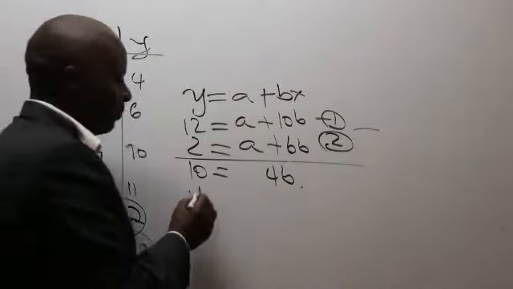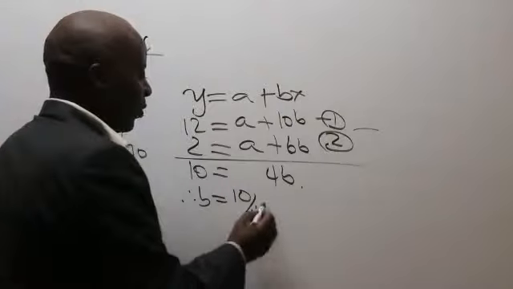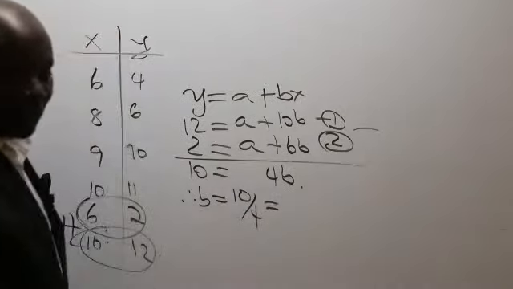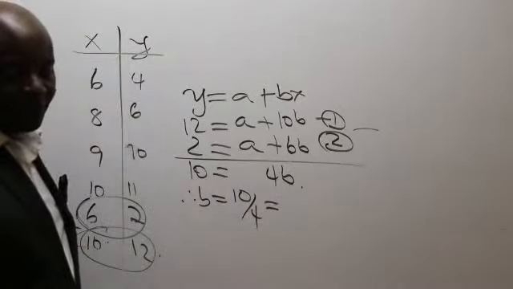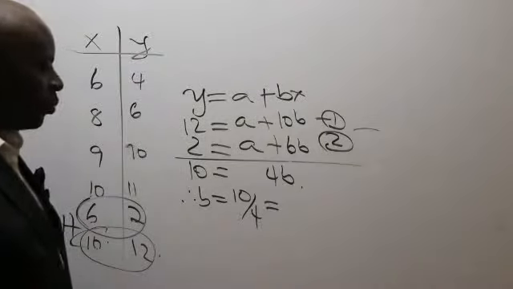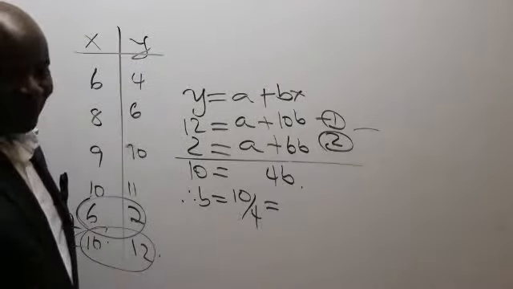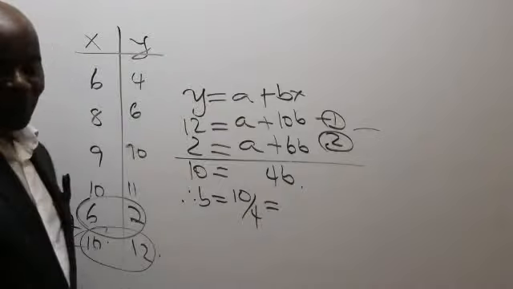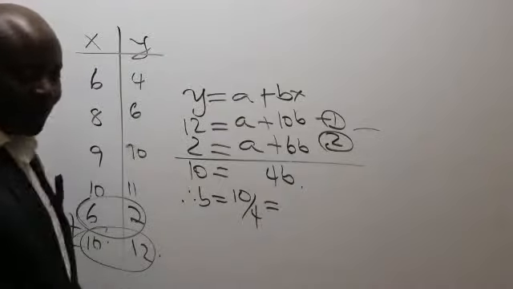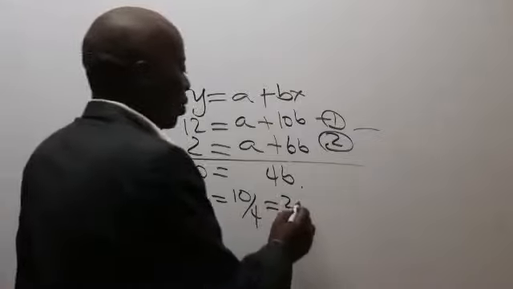Implying that b will be 10 divided by 4. 10 divided by 4, 2.5. So b is 2.5.